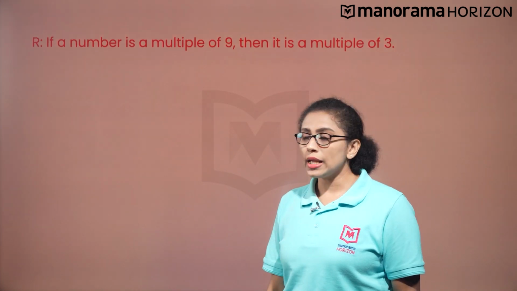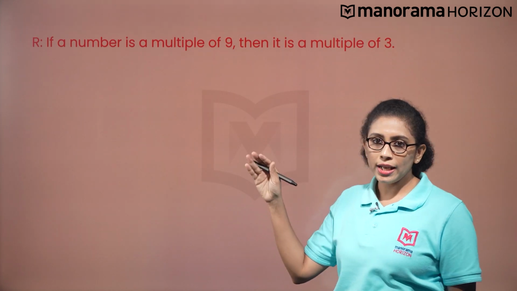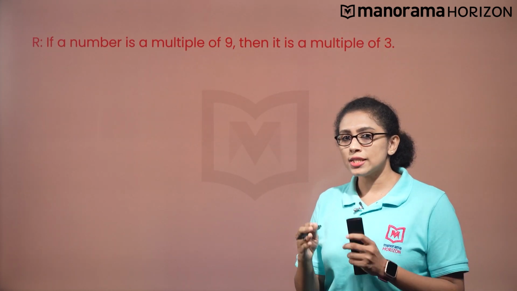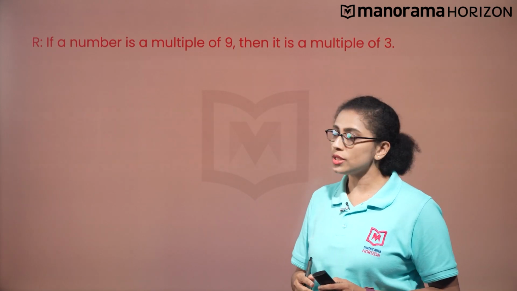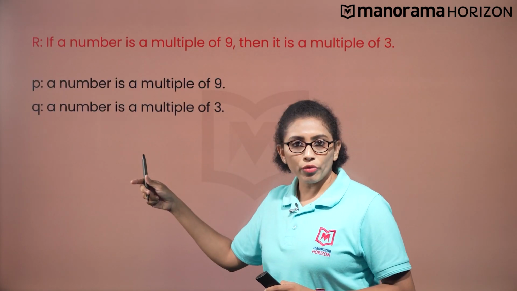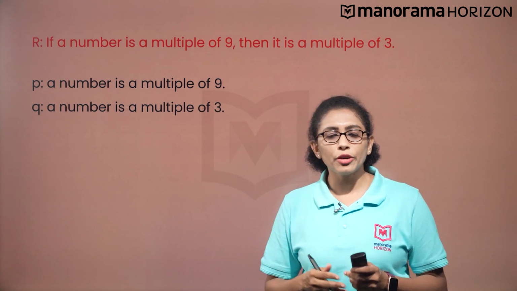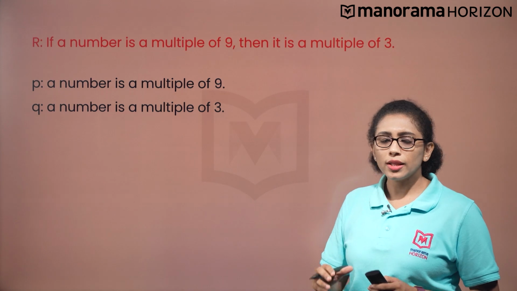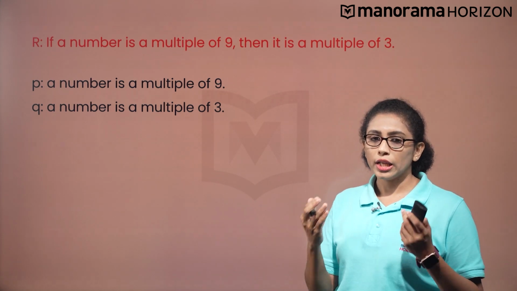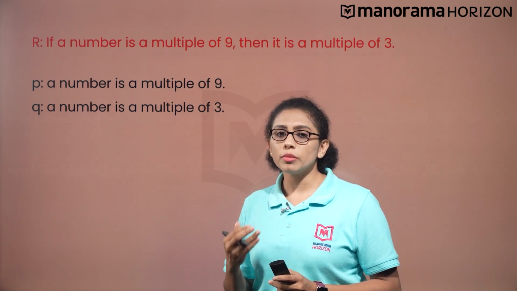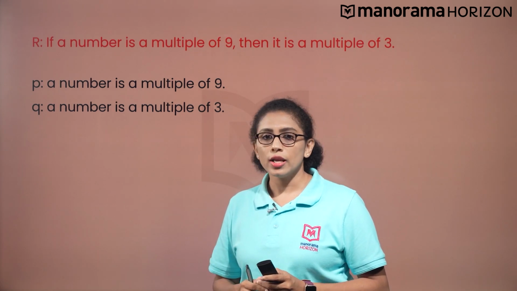Now consider another statement. If a number is a multiple of 9, then it is a multiple of 3. We can write this statement as two statements: a number is a multiple of 9, a number is a multiple of 3. Now what do you understand from these statements? There are several ways of understanding if P, then Q statements. We shall discuss some equivalent forms for the given statement.